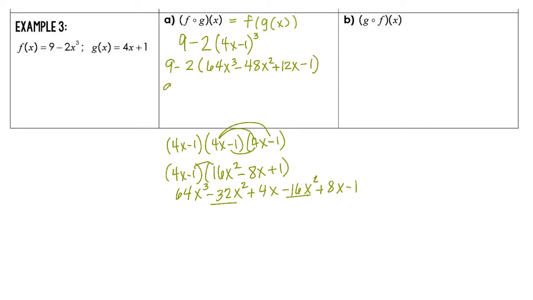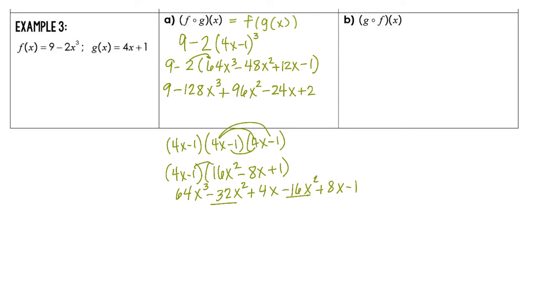Okay, and then we have 9, and we're going to distribute that negative 2 through everything. So I have negative 128x cubed. We have positive 96x squared, negative 24x, and then positive 2.